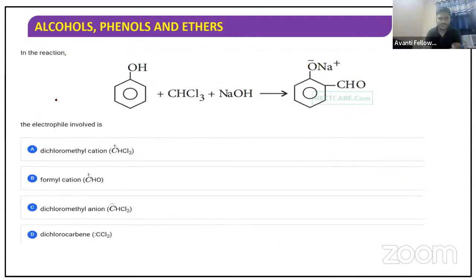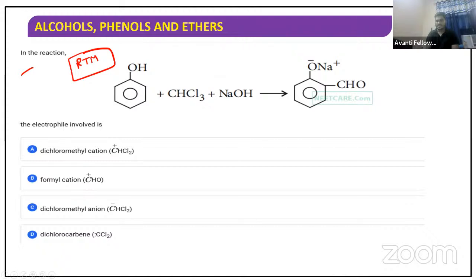Chalo. Now tell me. This is RTM. It's a very simple question. You need to identify the electrophile involved in this. Which electrophile is involved in this reaction? In RTM, which electrophile is there? Can anyone tell me the answer?